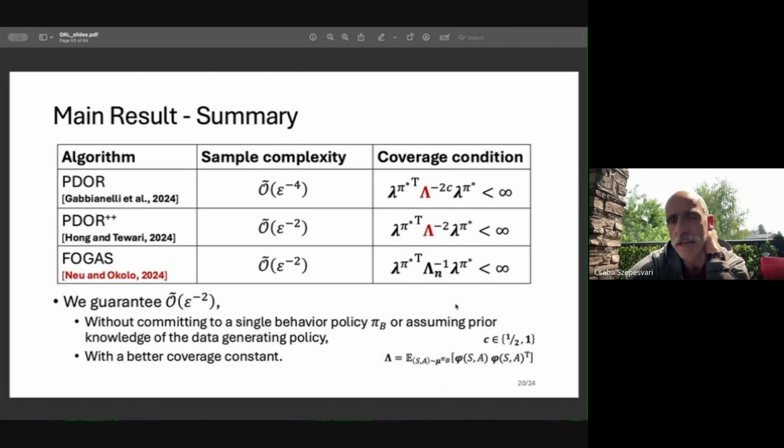So that would be a concentration question: does this empirical quantity concentrate around its mean quickly enough? And what happens with the inverse is there is some minimum eigenvalue business that is a little bit scary, but I guess it can be done.